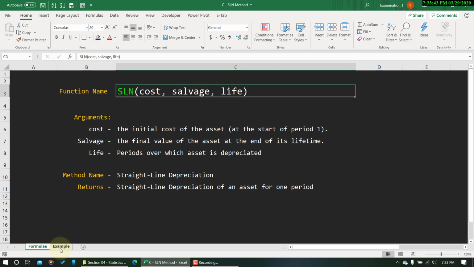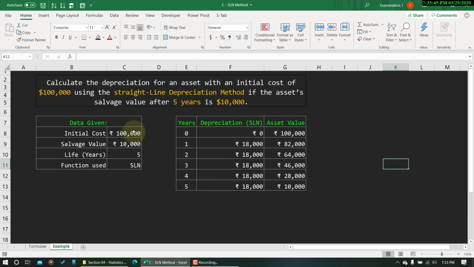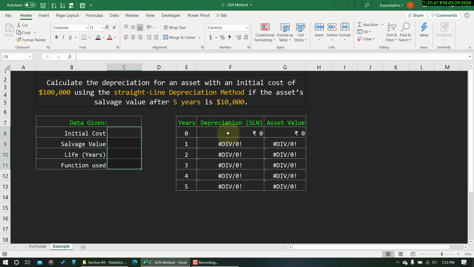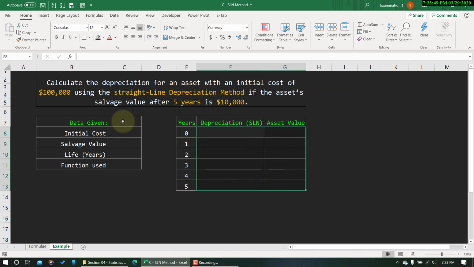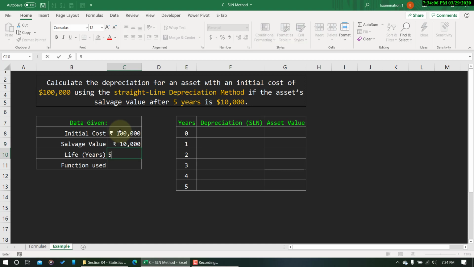Okay, so in this particular case, I'm going to delete everything that I have already calculated. First, I'm going to enter the data which is already given: initial cost, which is 100,000, the salvage value, which is 10,000, and life of the machine is 5. And the formula that I'm going to use is SLN.